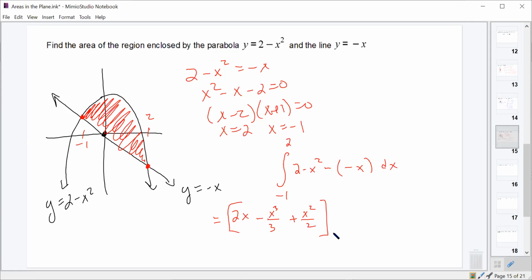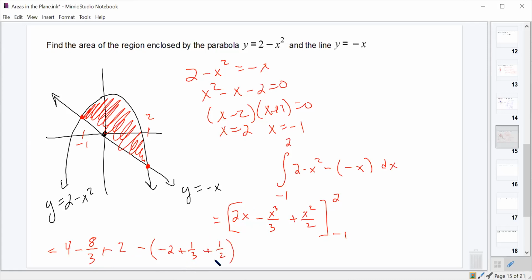We'll evaluate that from -1 to 2, giving us 2 times 2 is 4, minus 8/3 plus 2, minus -2 minus -1/3, so plus 1/3, and then plus 1/2.